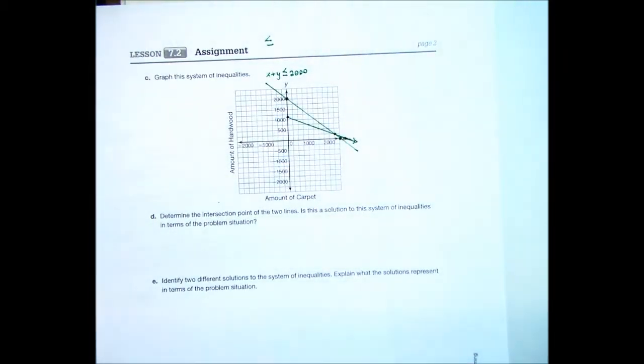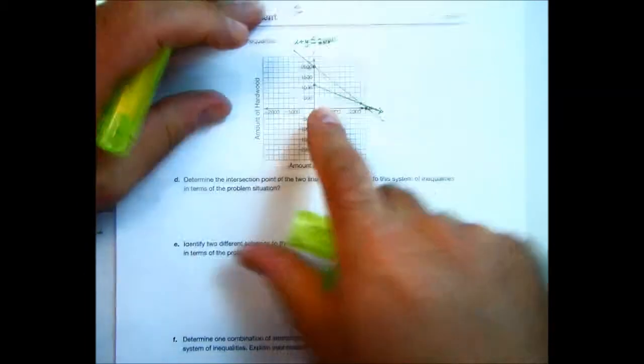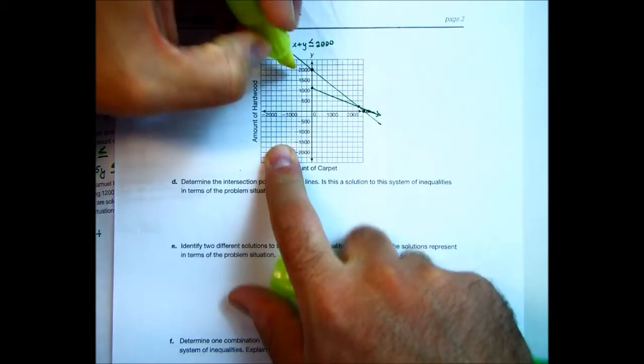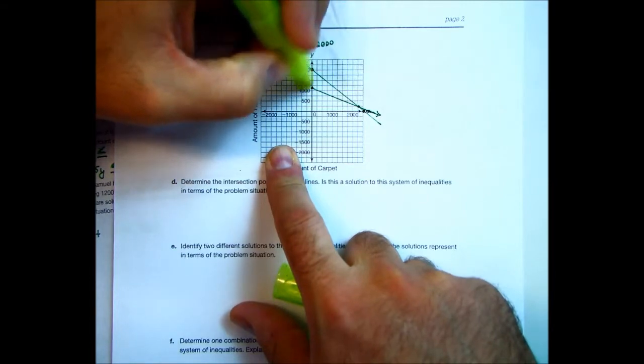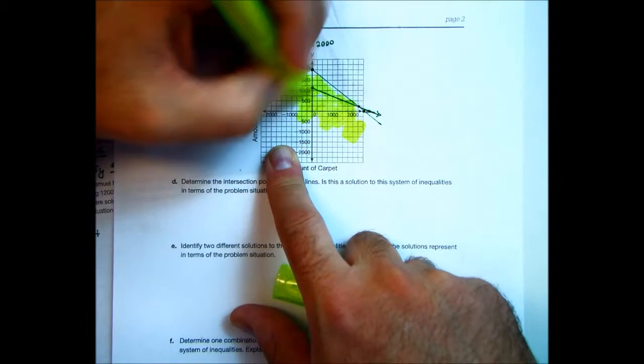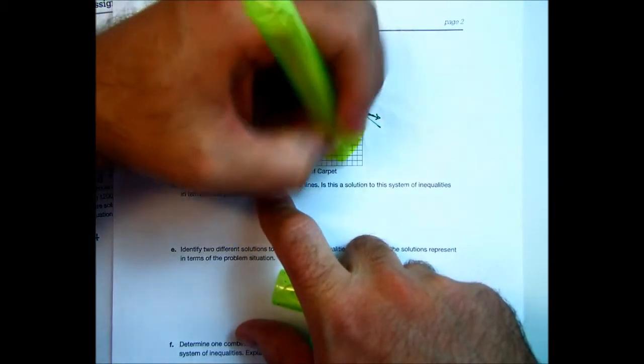So my first line is 0 is less than 2,000. I put in my double zero. 0 is less than 2,000, which is true, which means my first line I would shade over here, right? That's my yellow shading. Fun, fun, fun. I get to color.